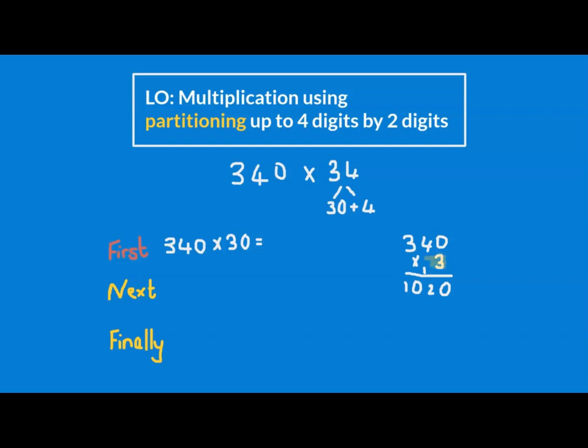We wanted to multiply it by 30. So we need to remember to add that extra 0 to make it 30 times bigger, not 3 times bigger. So 340 multiplied by 30 is 10,200.